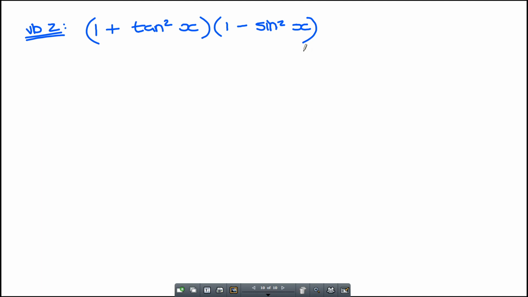Okay, so 1 plus tan squared x and then 1 minus sin squared x.